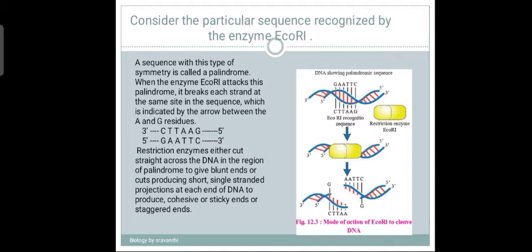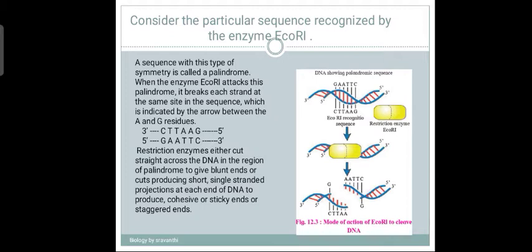Now in this palindromic sequence, the restriction enzyme Escherichia coli R1 (EcoRI) goes and binds to the double-stranded DNA and cuts this sequence at a particular place, between the guanine and adenine. You can see the sticky ends are formed here.